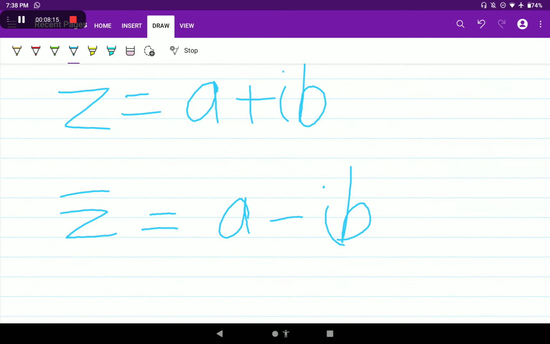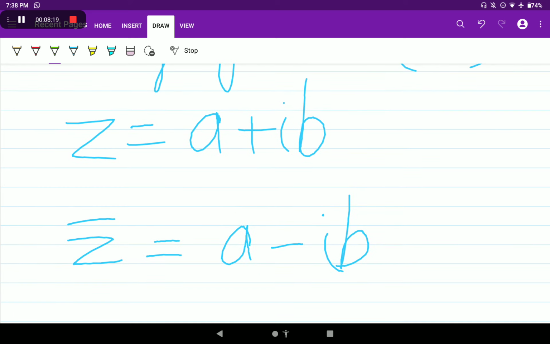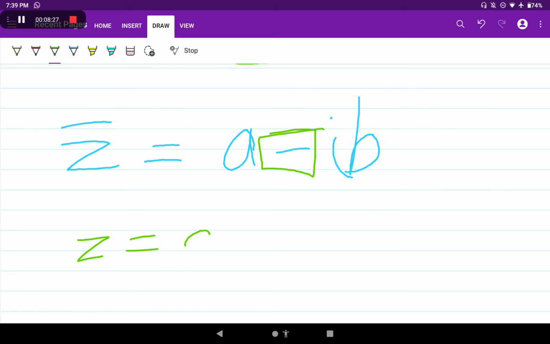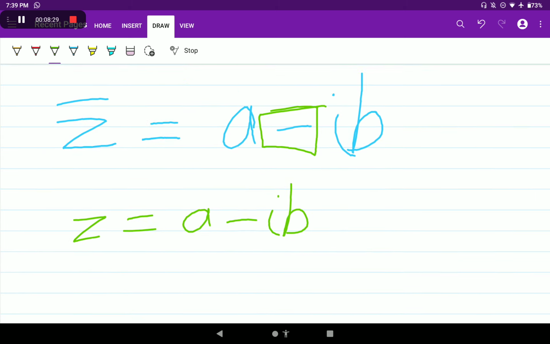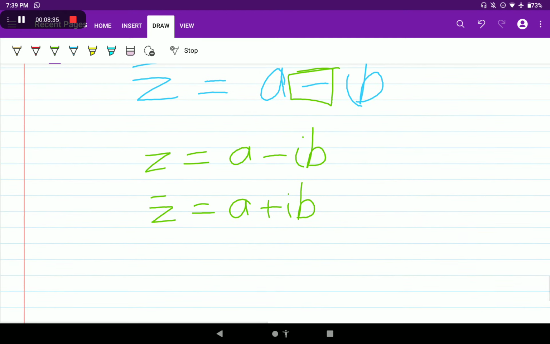What we are doing here, basically just change the sign of iota. Here it was plus, so just make it minus. If you had z equals to a minus iota b, so its conjugate will be a plus iota b. We have to just change the sign of iota. Hope this much is clear to you.